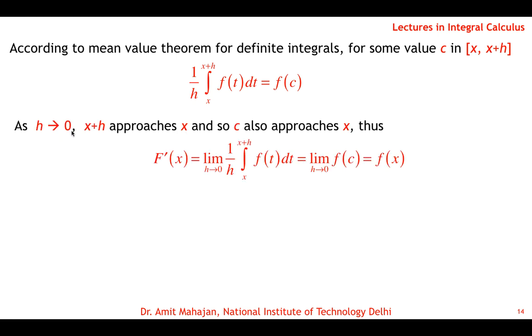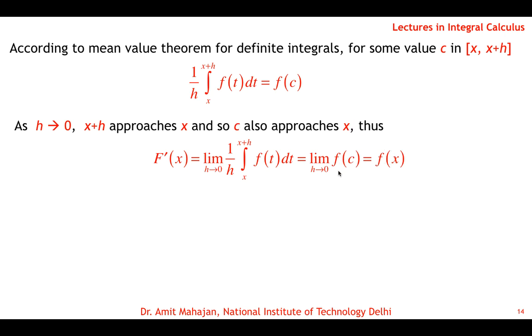So as h tends to 0, x plus h approaches x, and because c lies between these two points, c also approaches x. So f dash x, which is the limit of this, is the limit of f(c), and because the function is continuous, when c approaches x, f(c) approaches f(x).